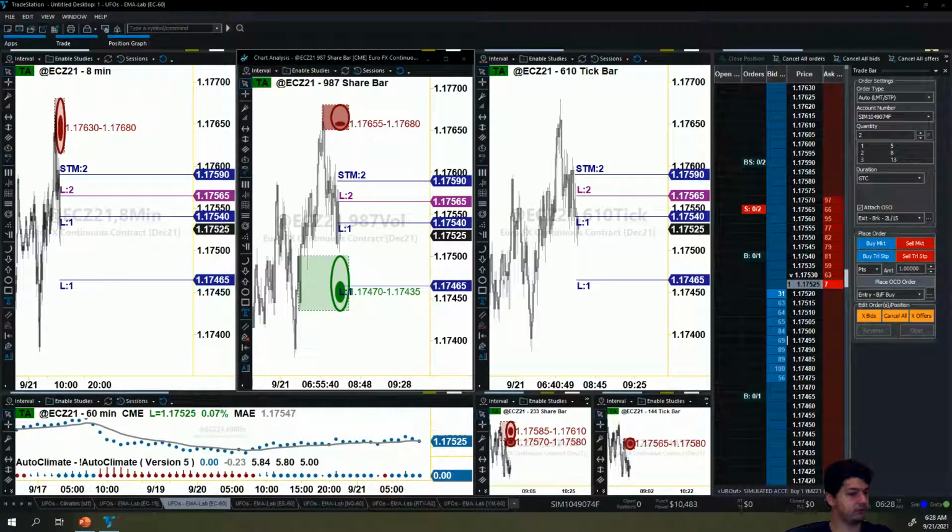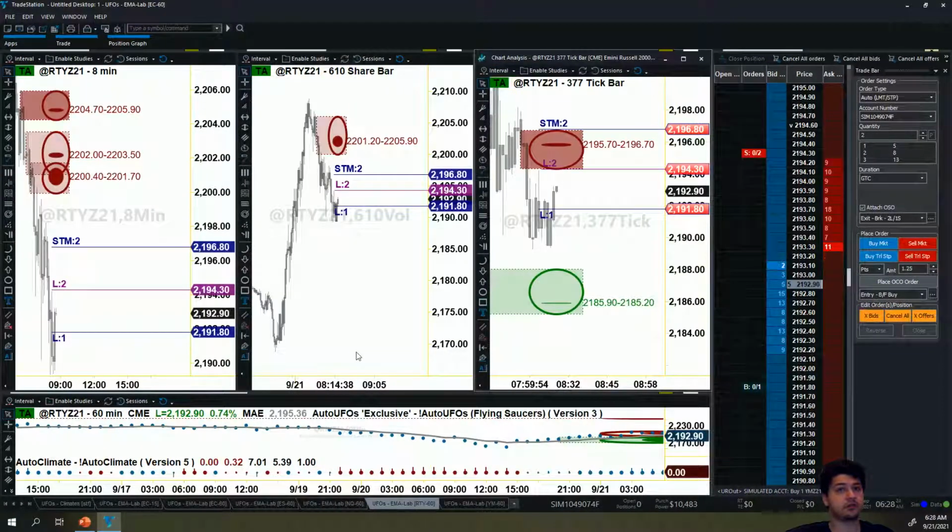It's coming close to the Russell. Let's take a look at the Russell. 60-minute. There we go. That's the kind of push we need. Come on, Russell. Give us a fill so we can manage this trade properly.